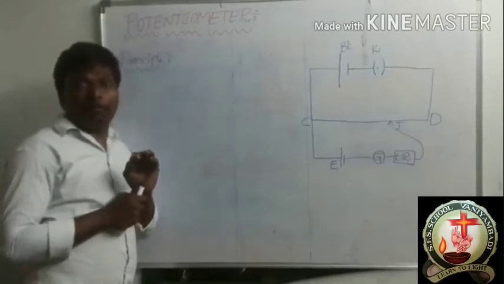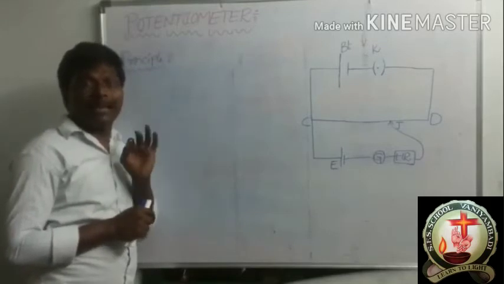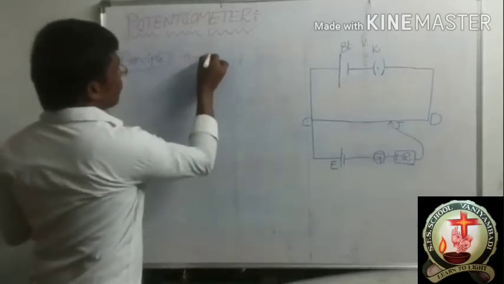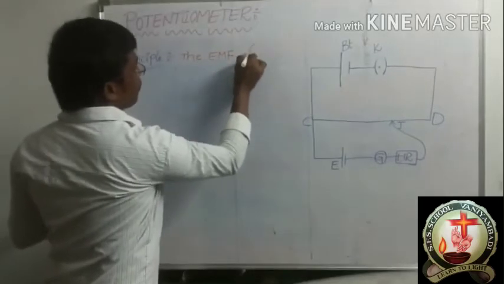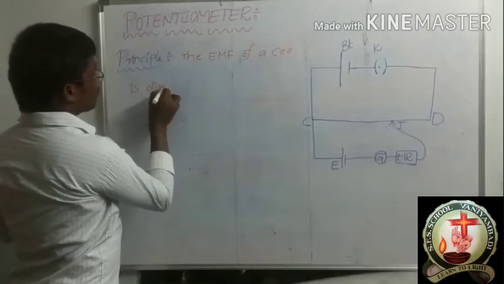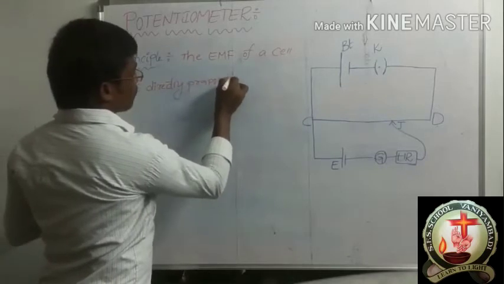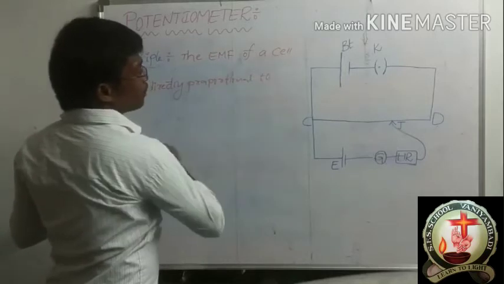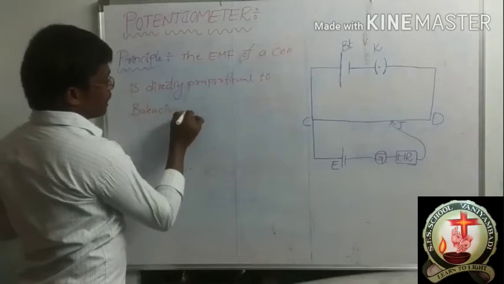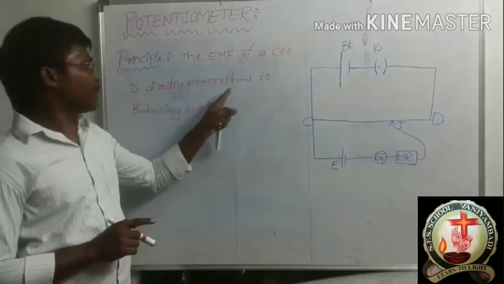The EMF of a cell is directly proportional to balancing length.